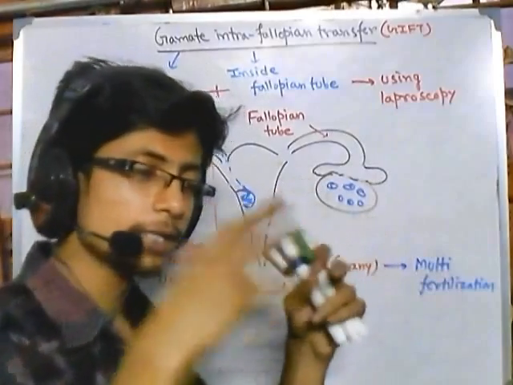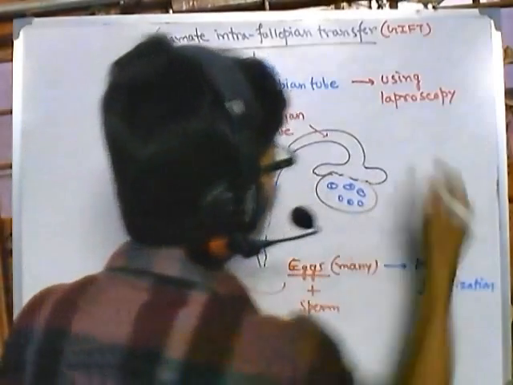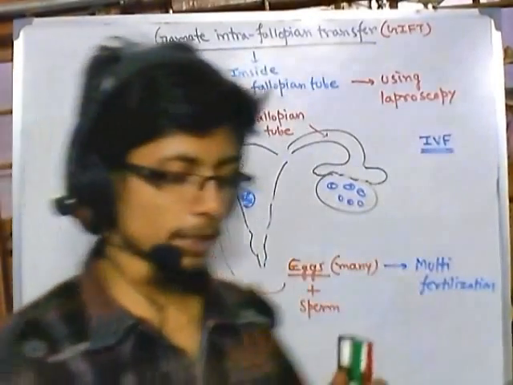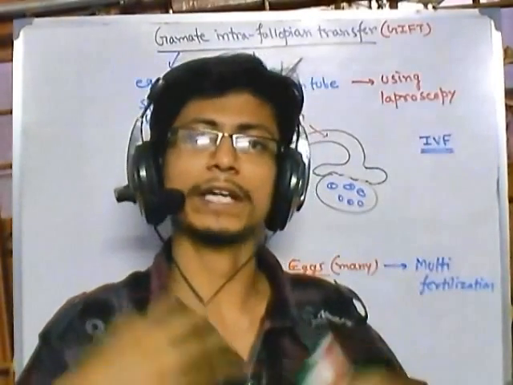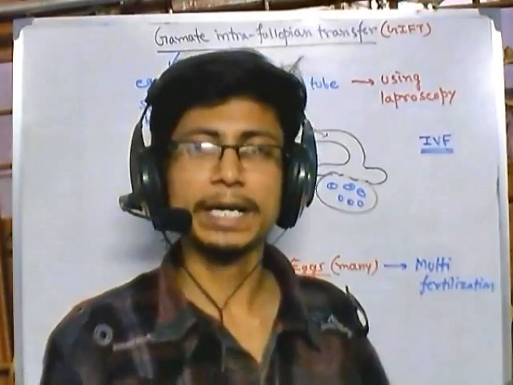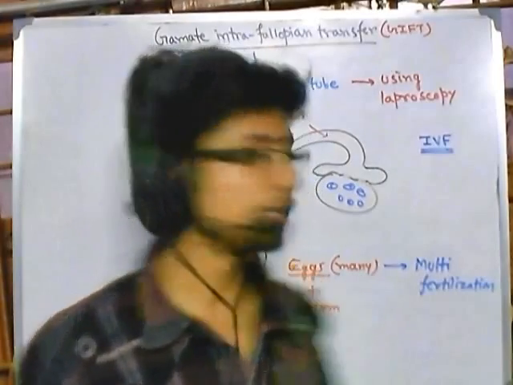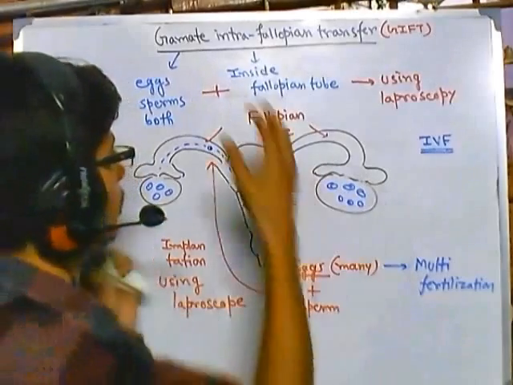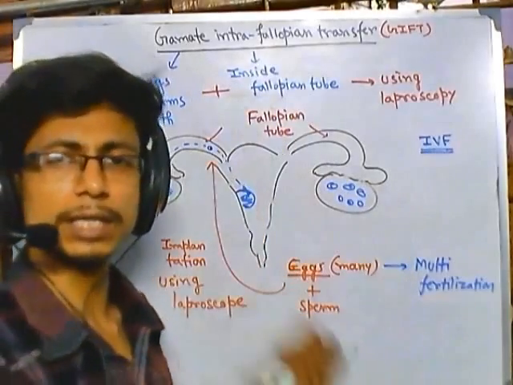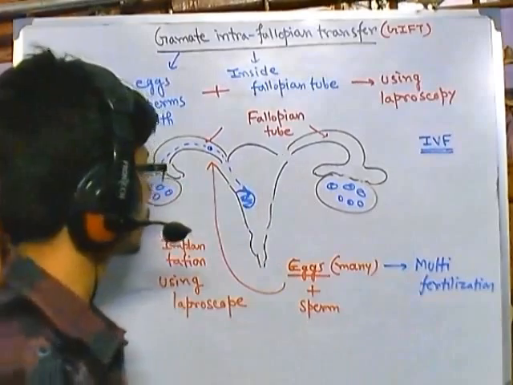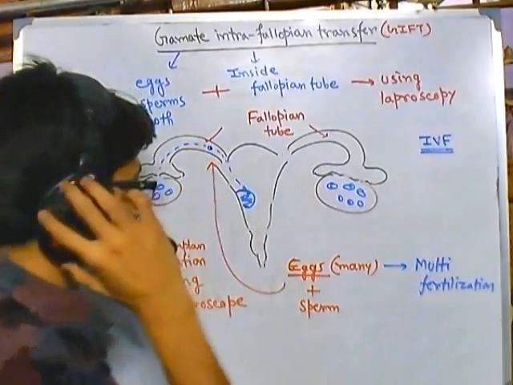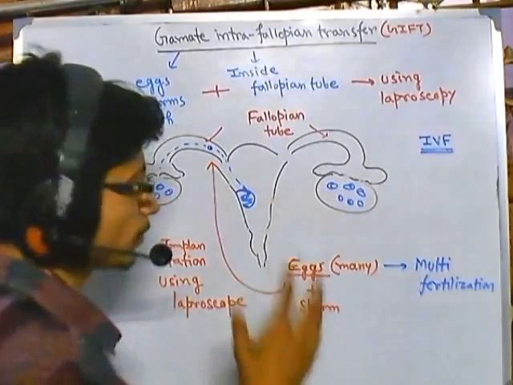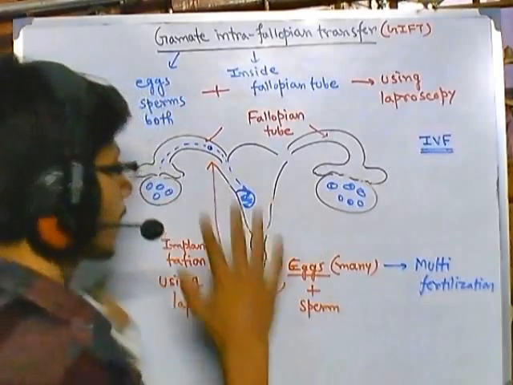In IVF it is good because we can monitor the development of fertilization and egg development in the artificial medium. But in this case we can't see anything, because everything is going on in the fallopian tube. We are not able to see anything, right? But still we can ensure that, as we're taking many eggs with sperm, at least one of the eggs will be fertilized, and we get the result.